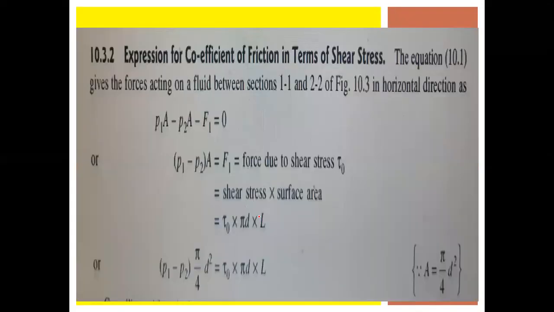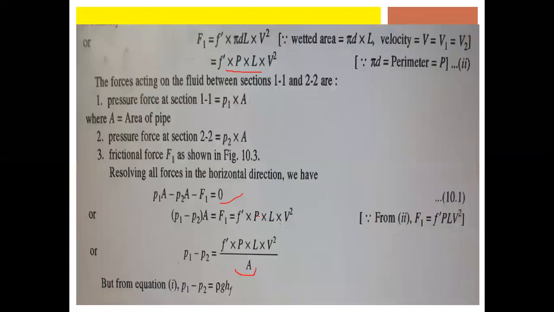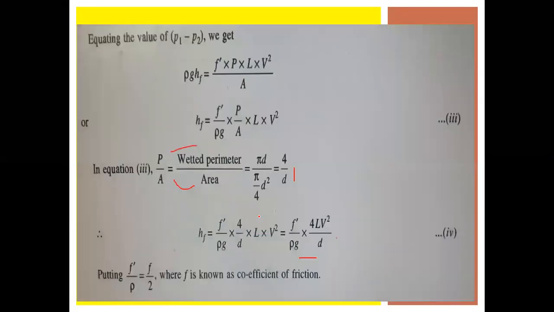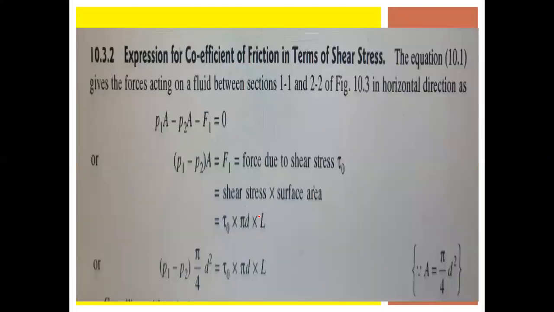Next one is how to derive the expression for coefficient of friction in terms of shear stress. Based upon the Weisbach equation, how you are deriving the coefficient of friction. The equation 10.1 gives the forces acting on a fluid between section 1 and 2 in the horizontal direction.